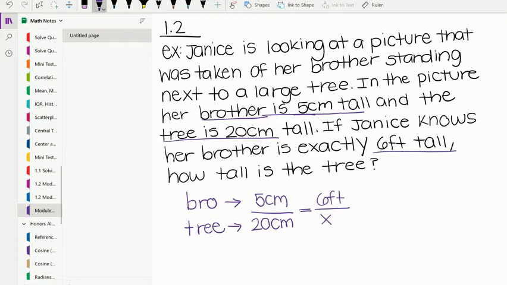So this is where we are going to use cross multiplication, or like I said when we first learned this, there's actually multiple different ways you can do it. So I'll do cross multiplication at first. So you do 20 times 6, which would be 120, and then 5 times x, which is 5x, and then you would just divide by 5.